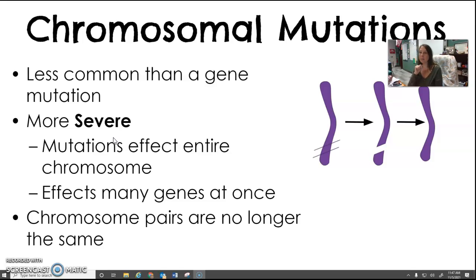So for your explanation, you can explain that a gene mutation only affects one protein, where a chromosome mutation is going to affect many genes, so it's going to affect many proteins. Okay, so gene mutation only affects one protein that's getting made. Chromosomal mutation is going to affect many genes, which will affect many proteins that get made.